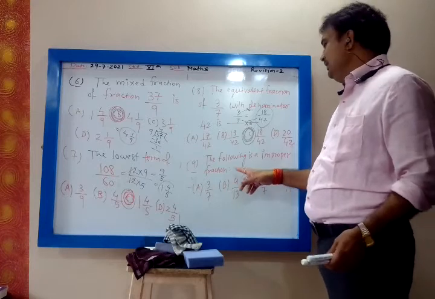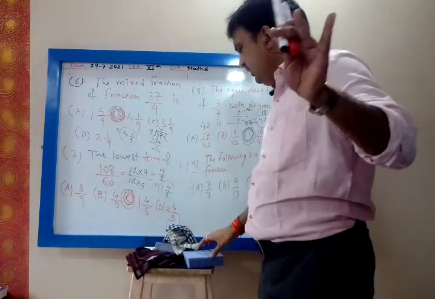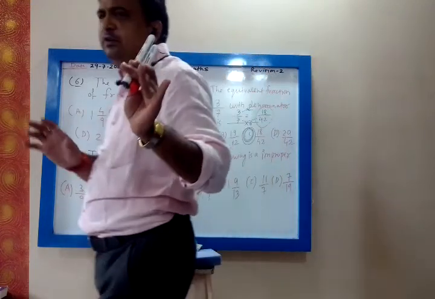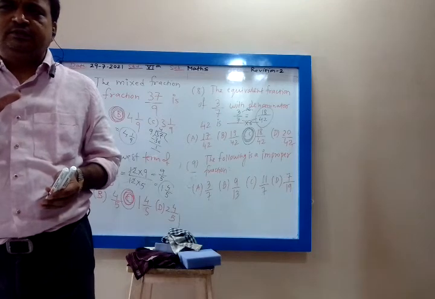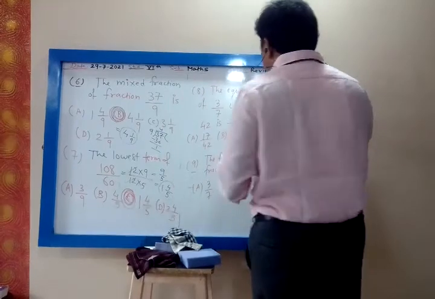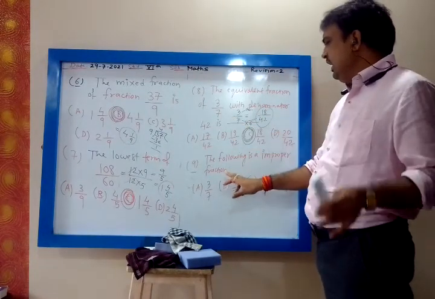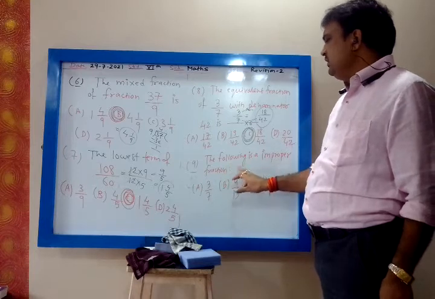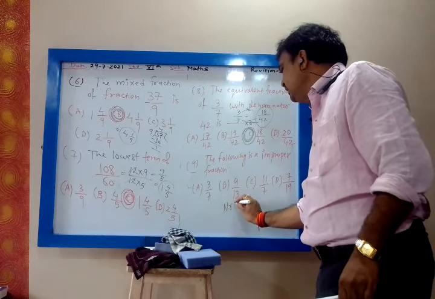So the following is an improper fraction. One minute. Which part you did not understand? 8th question. Wait. Let me explain. Okay, 9th one. The following is an improper fraction.